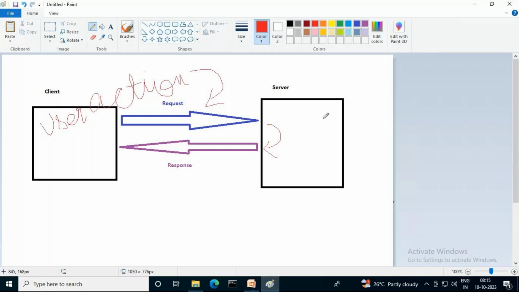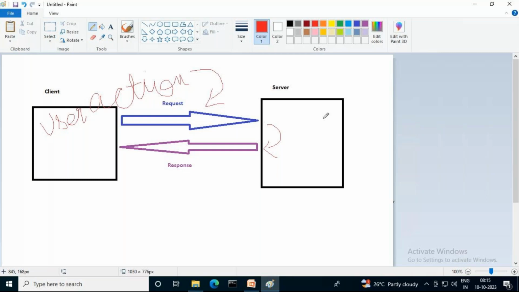I gave you an example: one user using the application, 20 users using the application. So the transactions per second will be higher in case of 20 users using the application. Right, all of you? Or anyone is not able to understand? All of you clear?